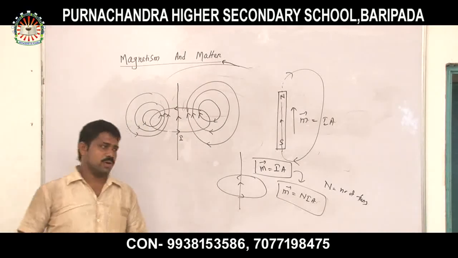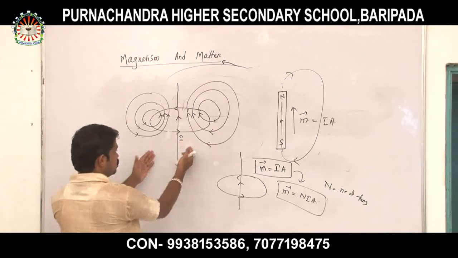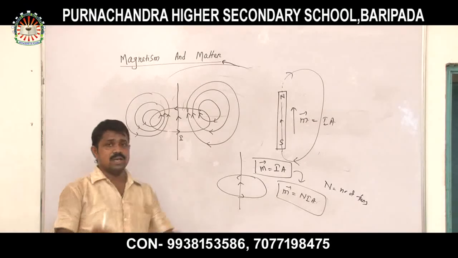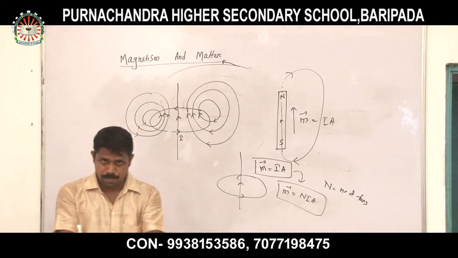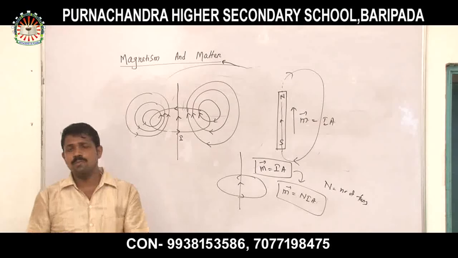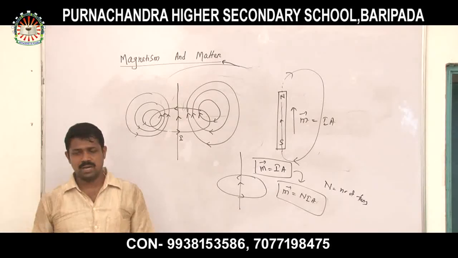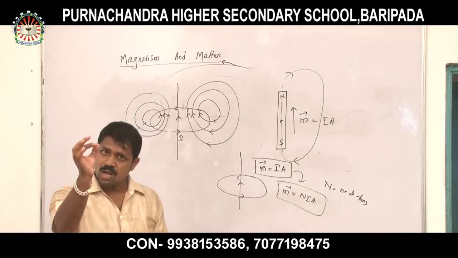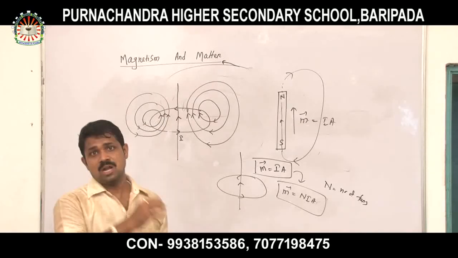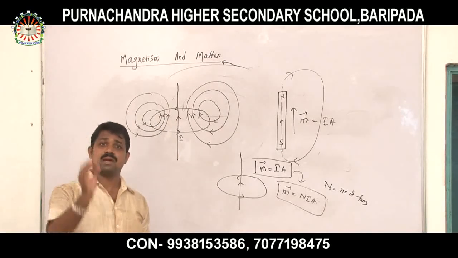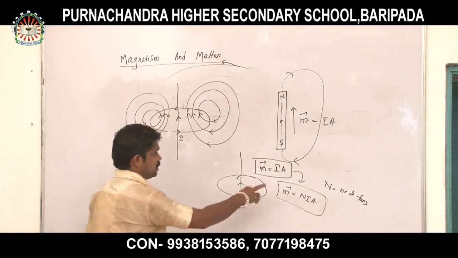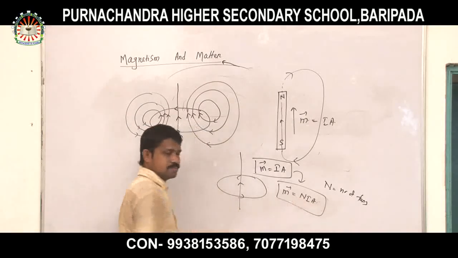Clear all of you? From this we can easily visualize that any current carrying loop behaves like a bar magnet, having a specific north pole, a specific south pole, and a specific magnetic dipole moment.